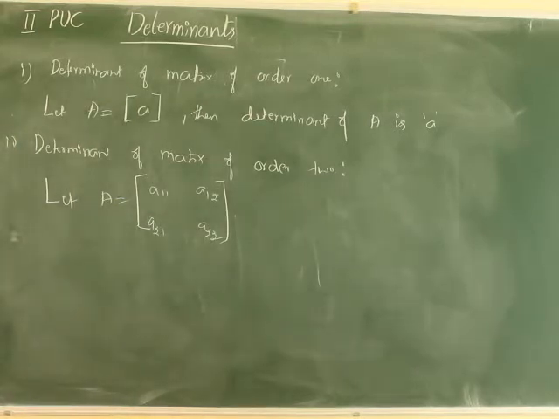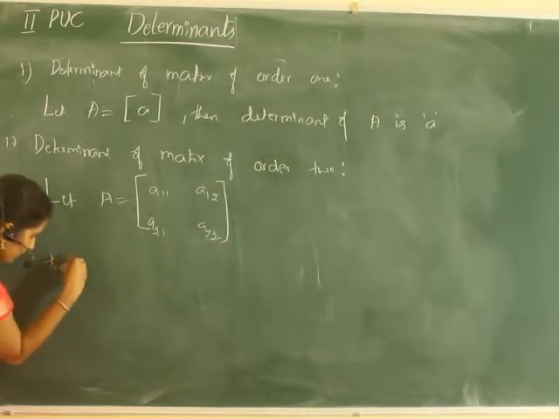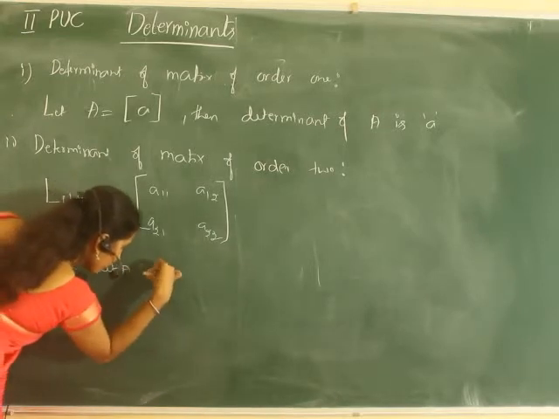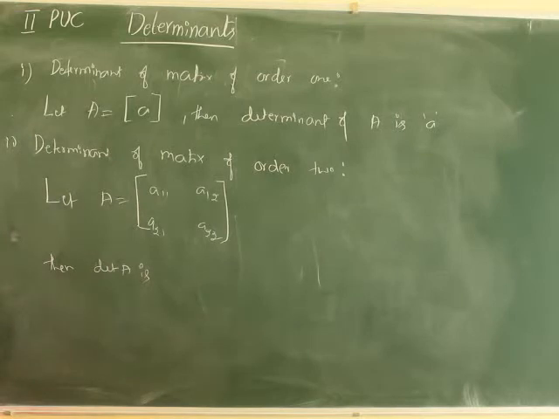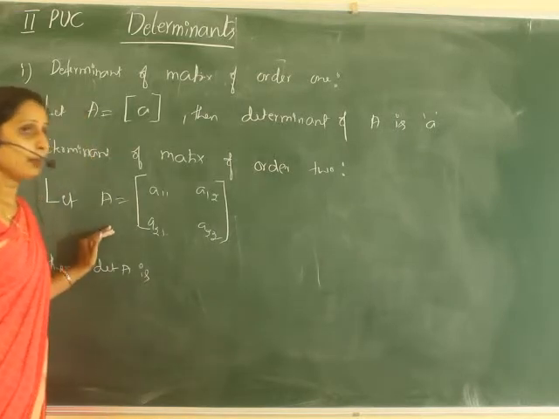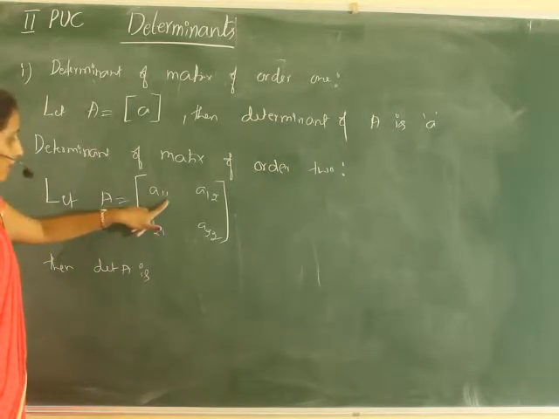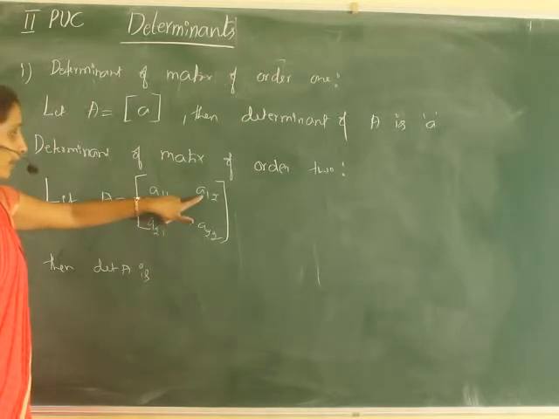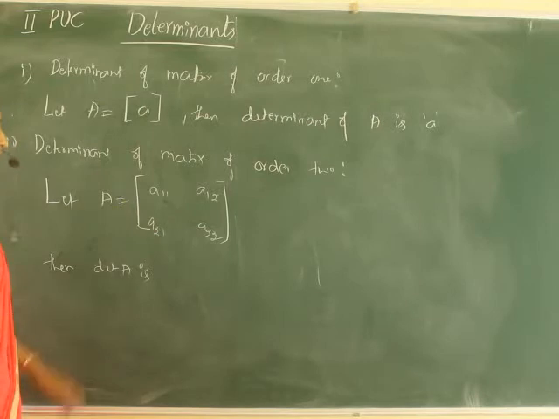How can we find the determinant of this? The determinant of A is obtained by multiplying A11 and A22, minus A12 and A21.